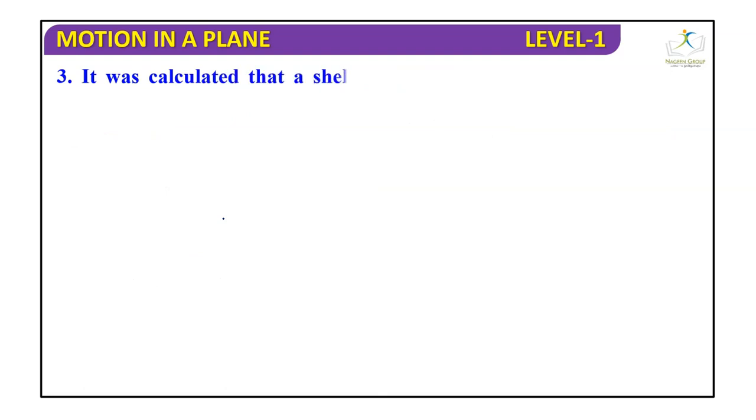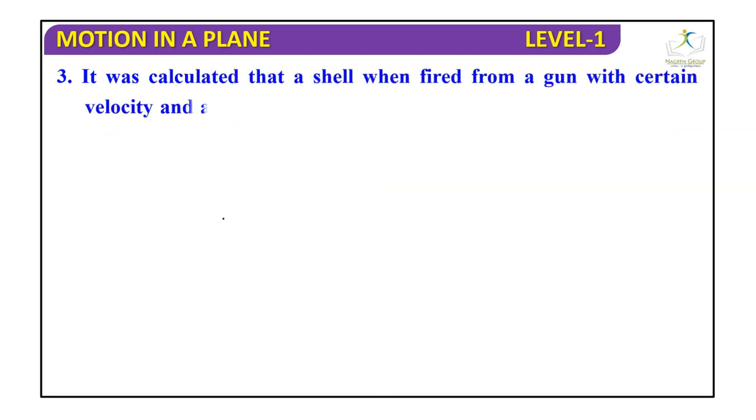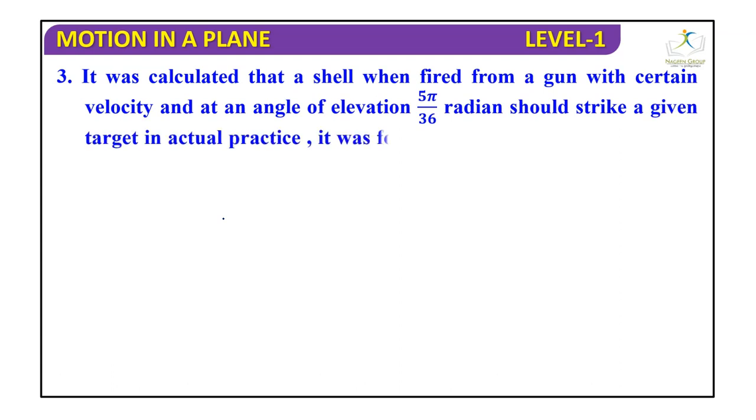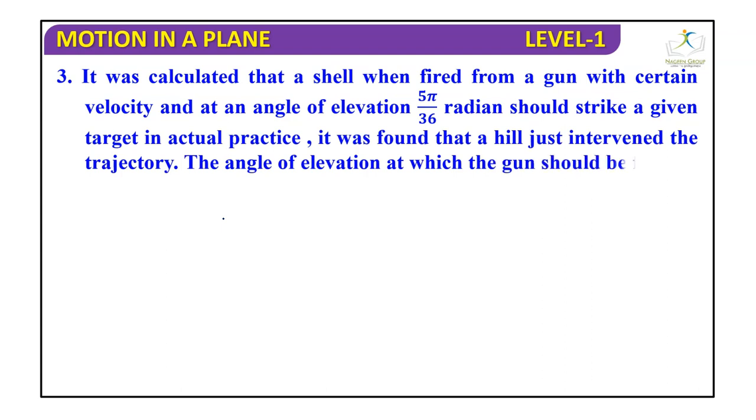Moving ahead. It was calculated that a shell, when fired from a gun with a certain velocity and at an angle of elevation 5 pi by 36 radian, should strike a given target. In actual practice, it was found that a hill intervened in the trajectory.